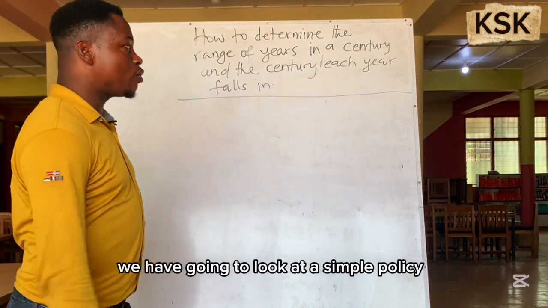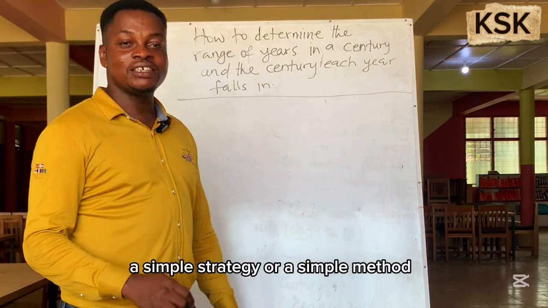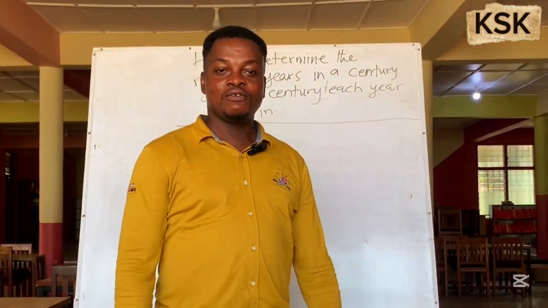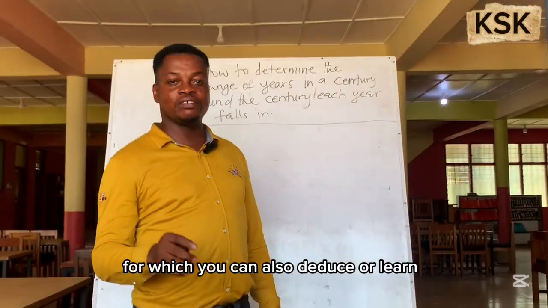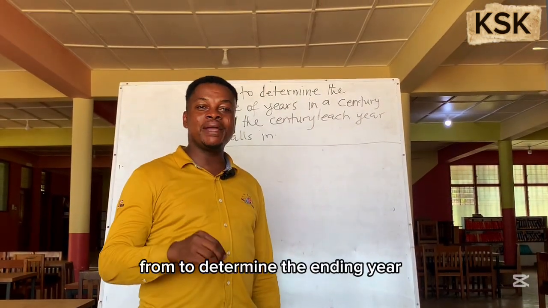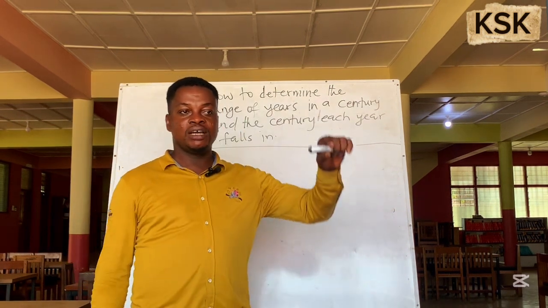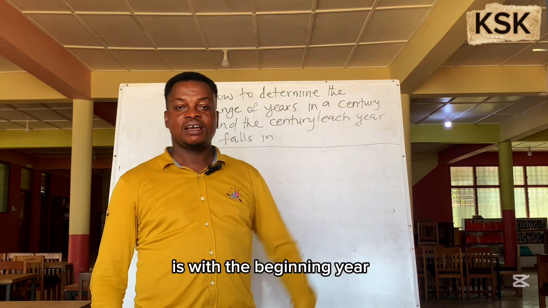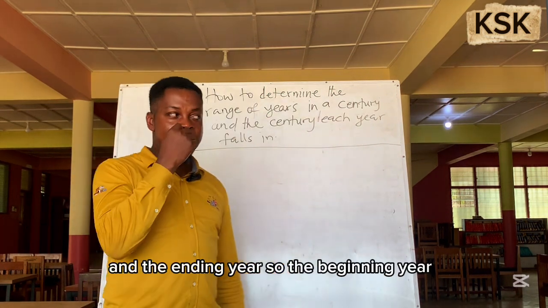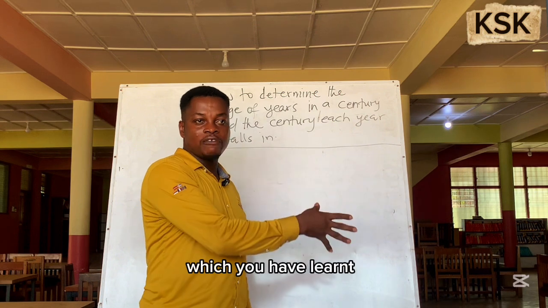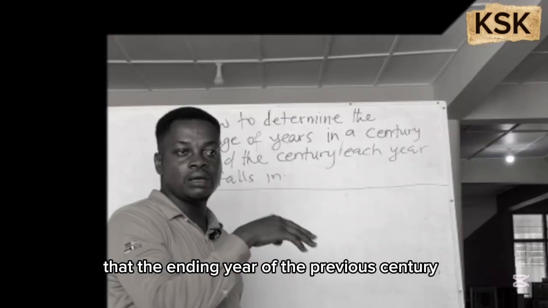Today, we are going to look at a simple strategy, a simple method, to determine the ending year. We learned that the range of years is made up of the beginning year and the ending year. The beginning year is the ending year of the previous century plus 1.